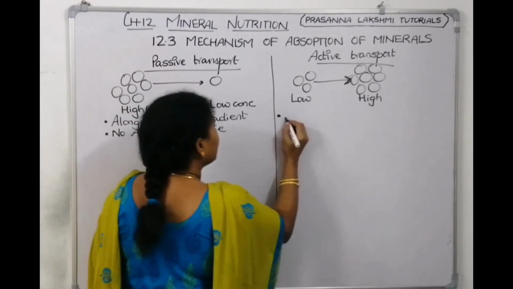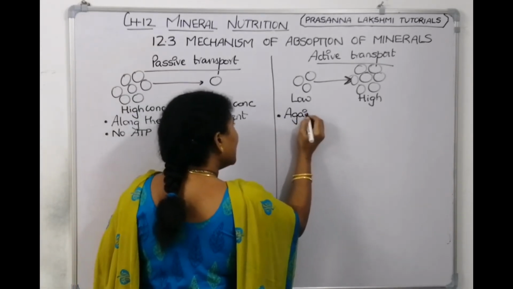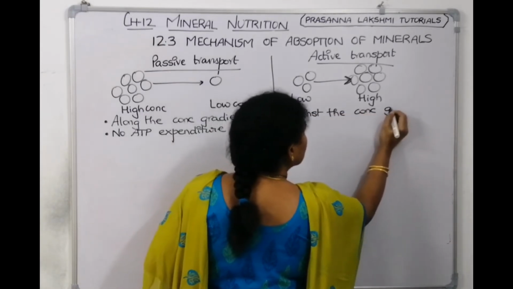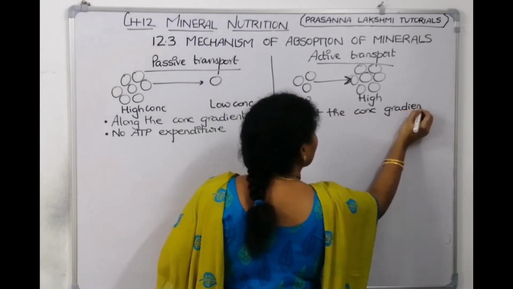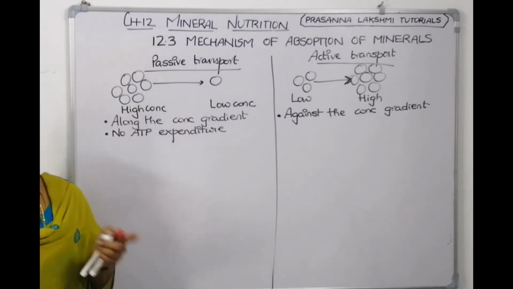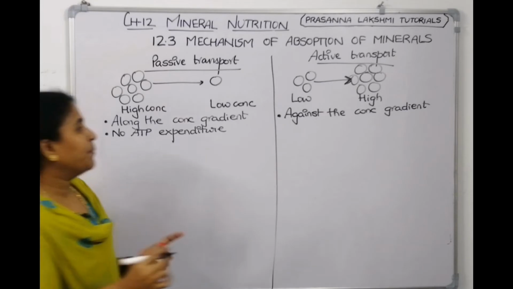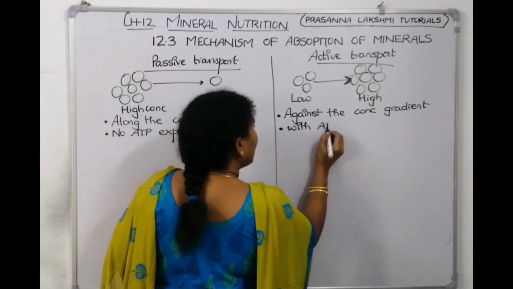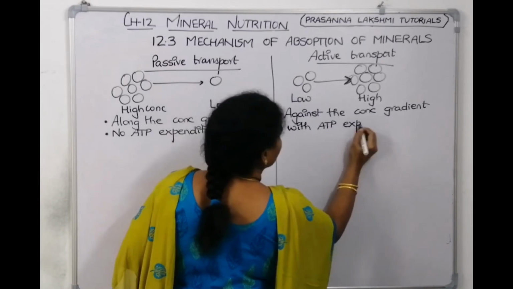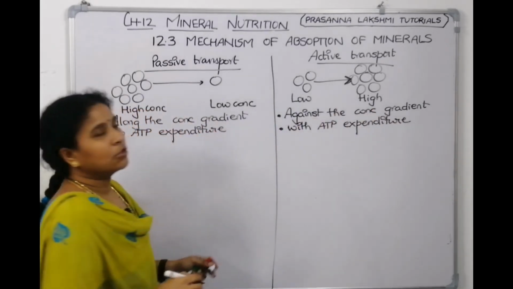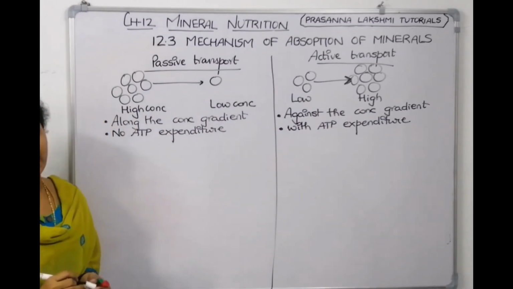So write down, it is against the concentration gradient, and moving from low to high, it is with ATP expenditure. It consumes ATP; breakdown of ATP is required there.